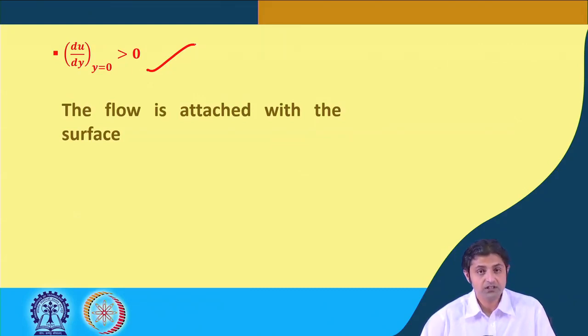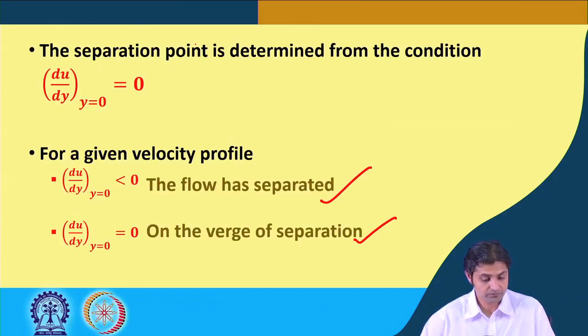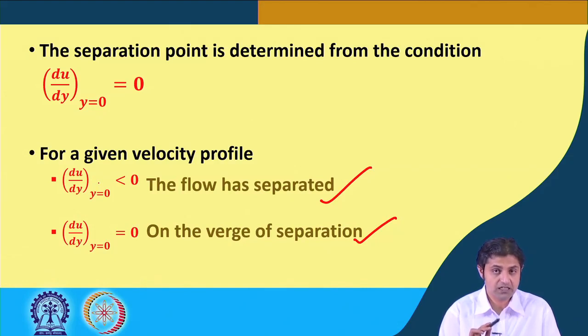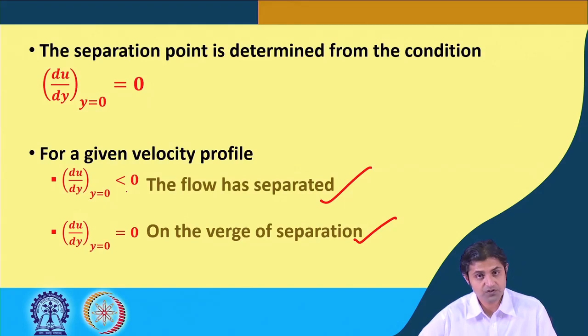Because du by dy at y equal to 0 gives the shear stress, that is the main thing.